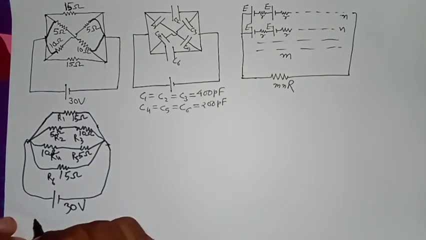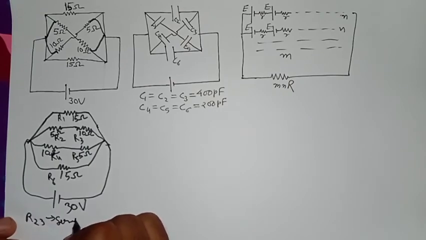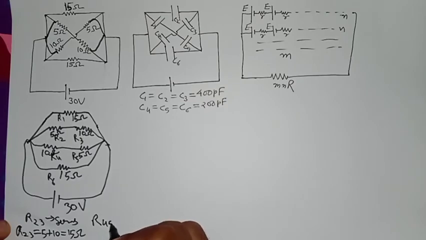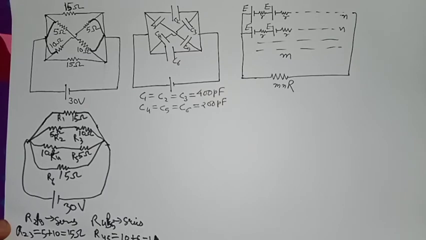So we can write that R23 is in series. So R23 equals R2 plus R3, that is 15 ohm, and R4, R5 are also in series. So R45 is R4 plus R5, 10 plus 5, that is again 15.